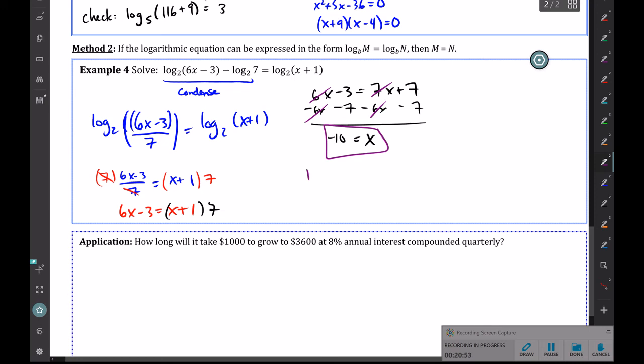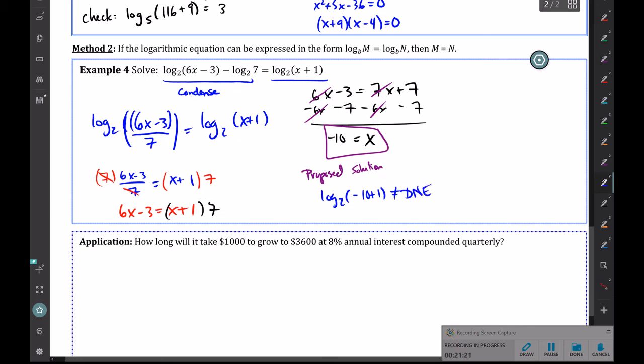Okay, and so that's my possible solution. And now I need to plug that back in up here and make sure that everything's okay. And you're going to see that if you plug in negative 10 in here, you're going to get log base 2 of negative 10 plus 1, which is log base 2 of negative 9, and that does not work.